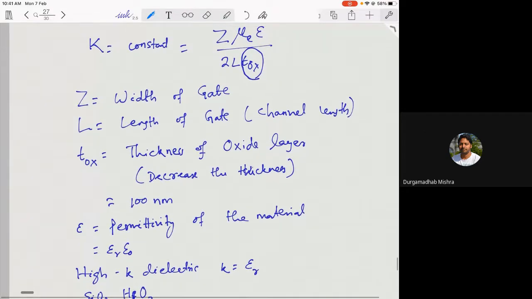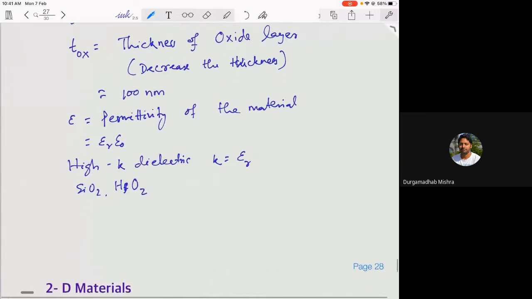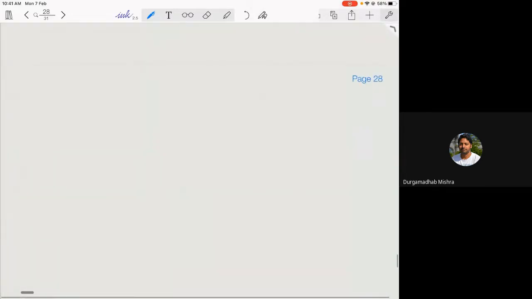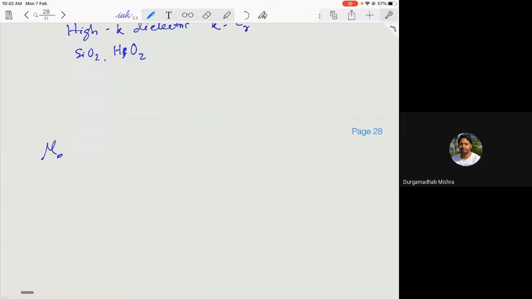Another parameter is mu E. So let's look at that parameter. So this is mu E. mu E is the mobility, but it is the effective mobility. It is not the intrinsic mobility that you see in silicon.